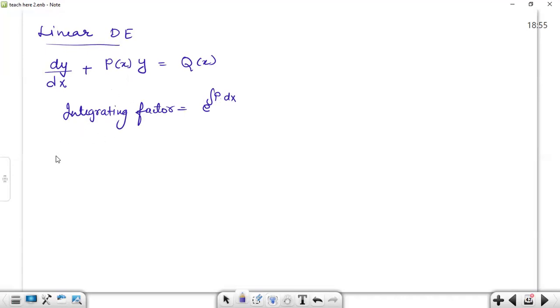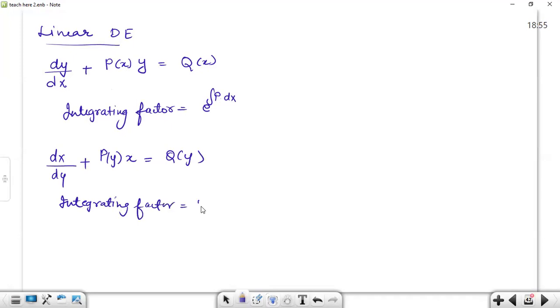Or otherwise, there can be a linear differential equation in which x and y are reversed. So here the integrating factor will be e raised to the power integral of p dy, right?